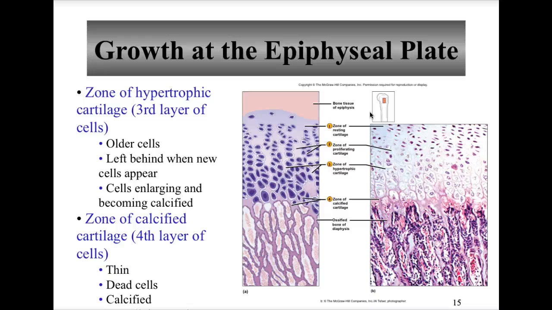And eventually you get into the zone of calcified cartilage. That is the fourth layer of cells, and these are thin dead cells that are fully calcified. In the zone of calcified cartilage, acids are secreted that decompose the calcium salts into Ca2+ and PO4 ions.